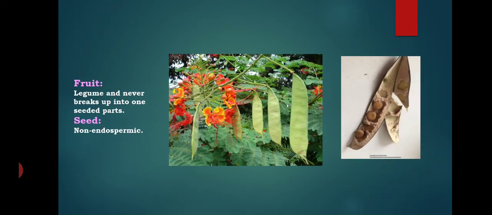Then sometimes we can see Samara, the fruit type Samara, for example in Pterolobium, a species is there, Pterolobium, there we can see Samara fruit. And coming to the seed characteristics, the seed is non-endospermic, or very rarely endospermic seeds are reported, but commonly it is non-endospermic.